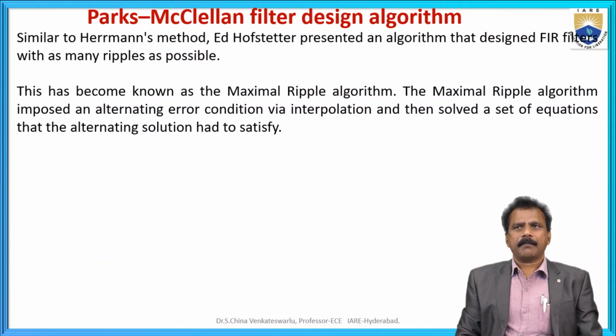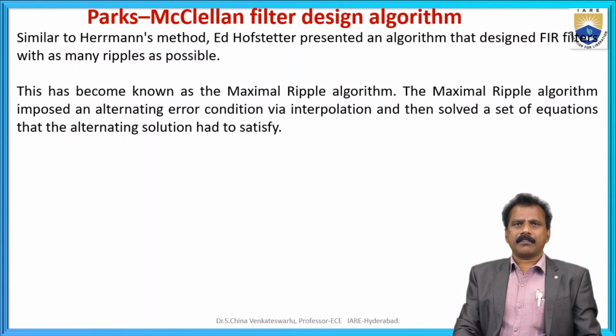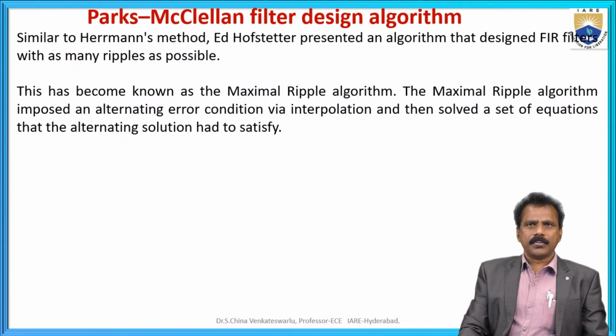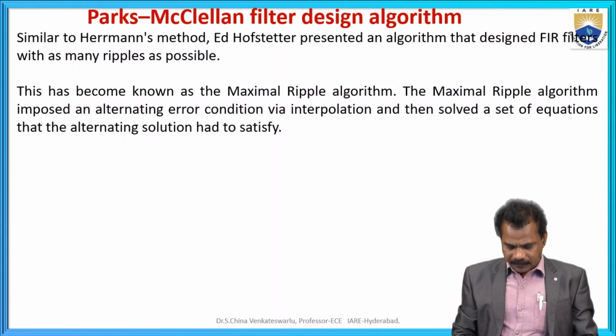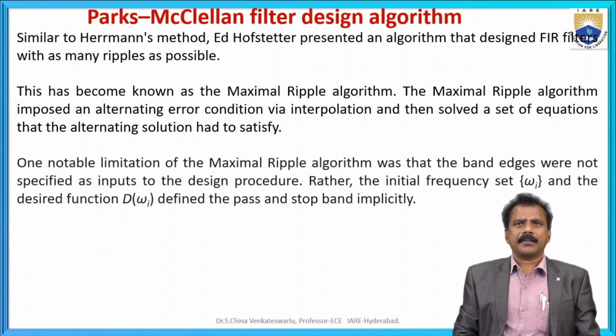The maximum ripple algorithm imposed alternating error conditions by interpolation and then solved a set of equations, so that the alternating solution was satisfied.